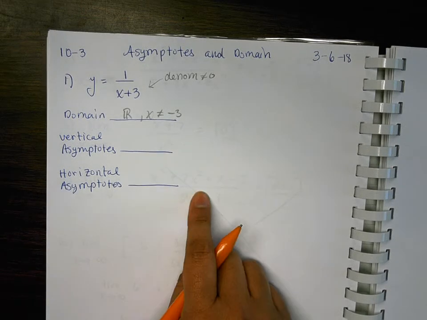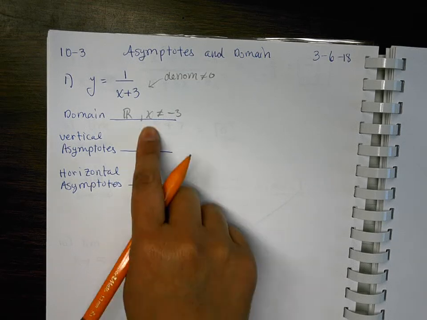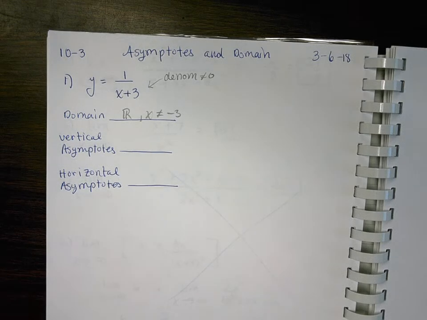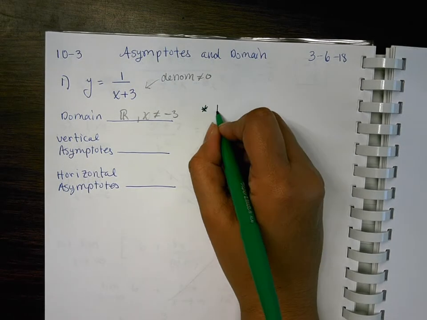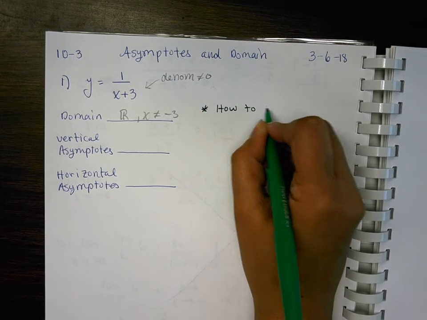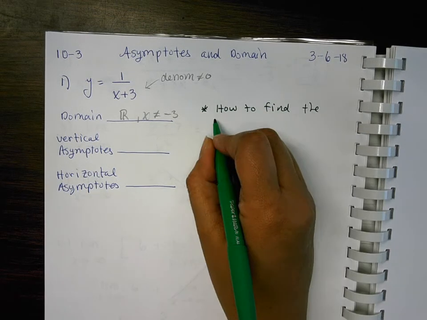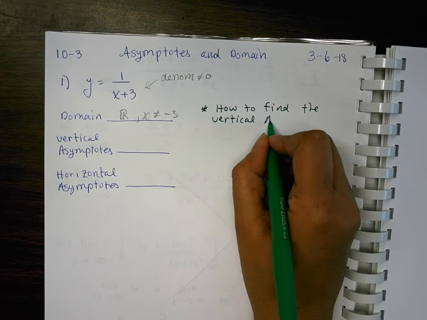Vertical asymptotes and horizontal asymptotes. We don't have any information for that yet, so I'm going to put a note on the side right over here, how to find the vertical asymptote, and you guys can tell me what you did last year.